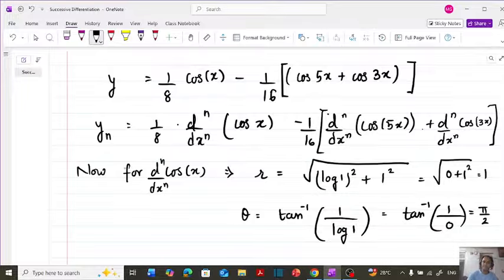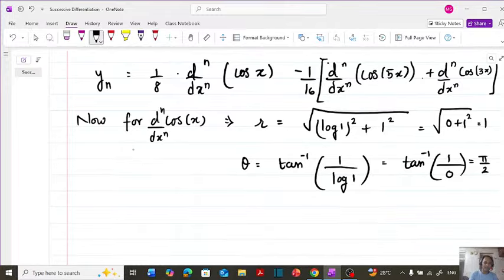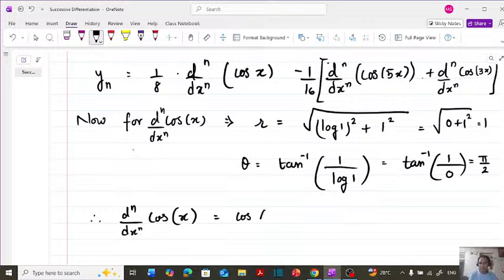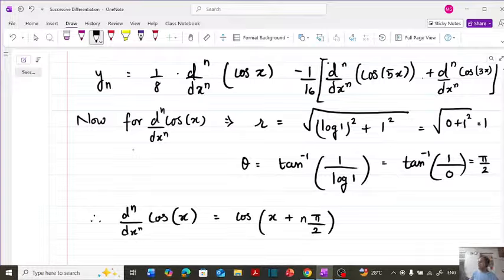Therefore the nth derivative d^n/dx^n of cos x is cos of x plus n pi by 2, because the radius is 1, and 1 to the power n is all going to be 1. We don't have to write it. Understood this?